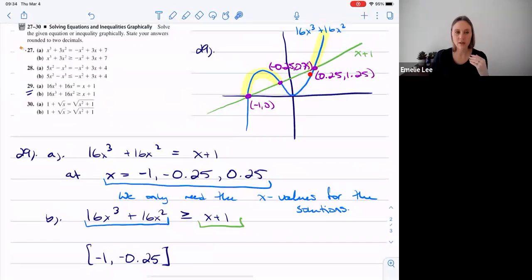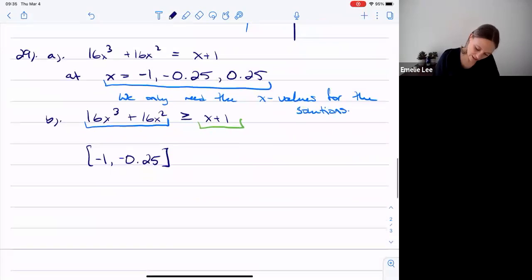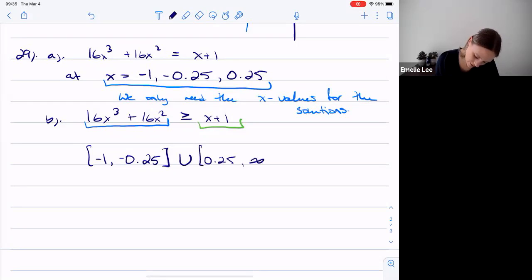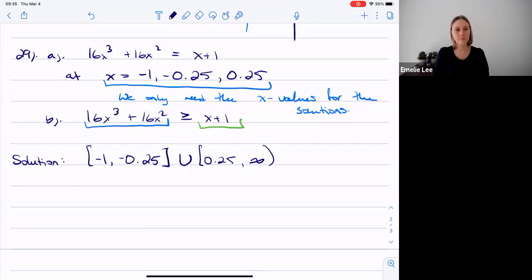Not for this little region between -0.25 and 0.25, but then we pick it up again from 0.25 and up to infinity. How do we link these up? We use a U. From 0.25 up to positive infinity, which we close off with a round bracket. So the solution here is this.